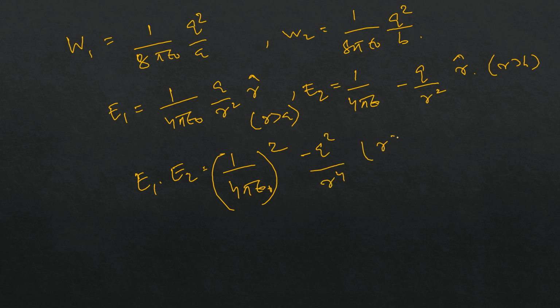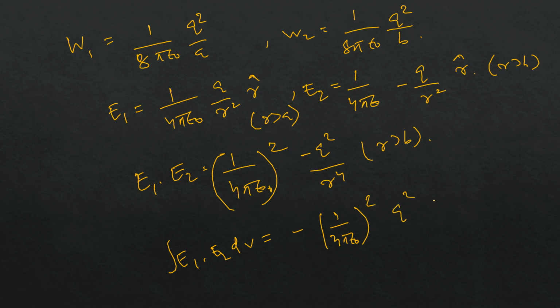So this is for r greater than B. E1 dot E2 into dV is minus 1 by 4 pi epsilon naught whole square q square, 1 by r fourth, 4 pi r square dr.